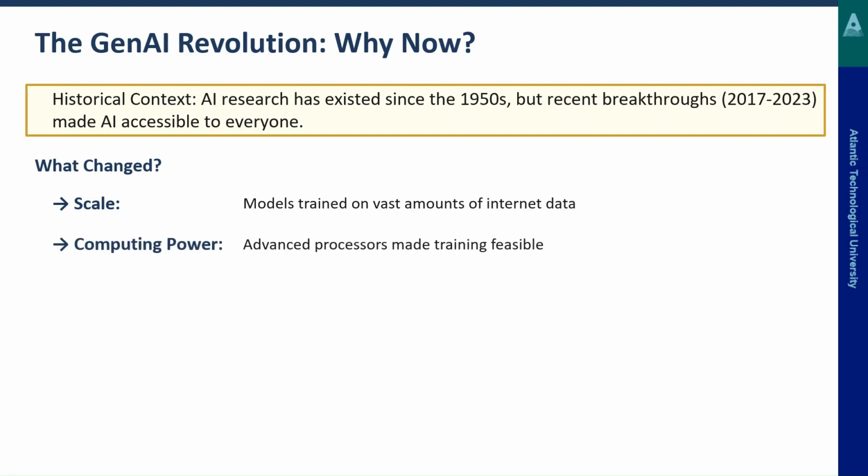Computing power is another big one. We didn't have the compute power back in the 1970s, 1980s, even the 1990s to train these models so quickly and efficiently. Even if we did have the data back then, we wouldn't have had the compute power. It probably would have taken the lifetime of the universe to train one of these models. That's not feasible at all.